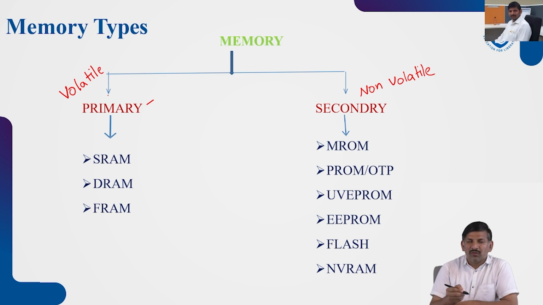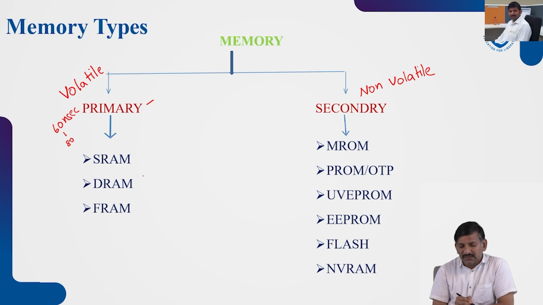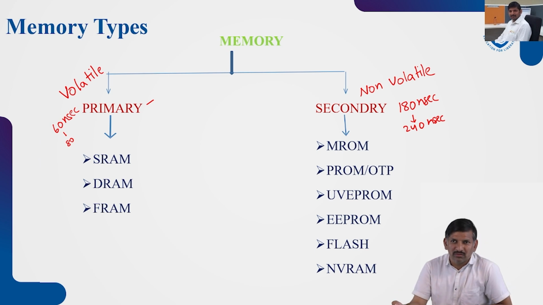If you want to access information from primary devices, that takes 60 to 80 nanoseconds, whereas a secondary memory device takes 180 to 240 nanoseconds, meaning 2 to 3 times more time. The accessing time is more when accessing information from secondary memory devices compared with primary memory devices.